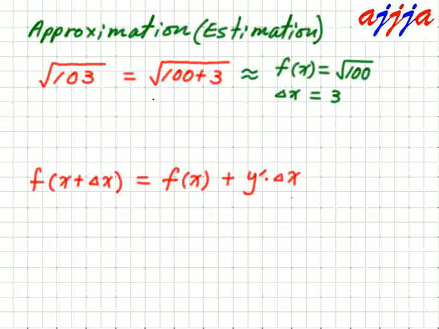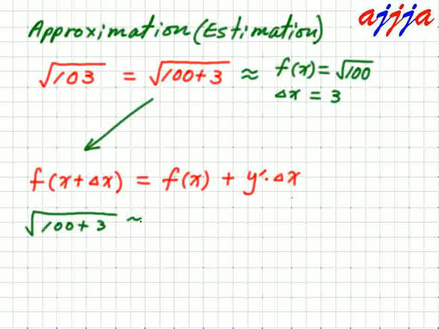So f of x plus delta x is the same as this, which is the square root of 100 plus 3, approximately. Then f of x was the square root of 100. Now plus the derivative of this one, times delta x, which is 3.